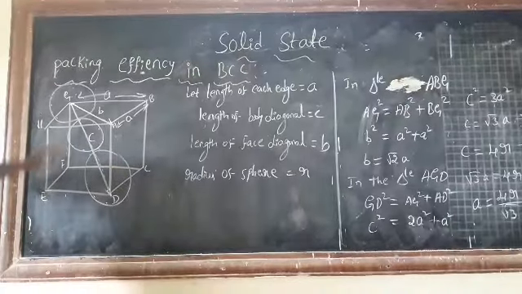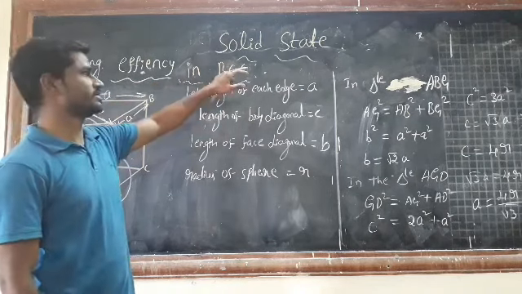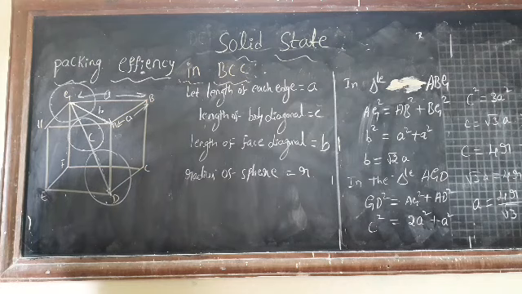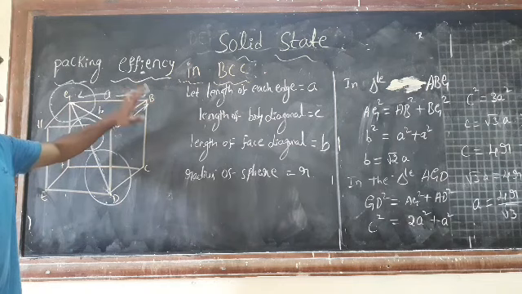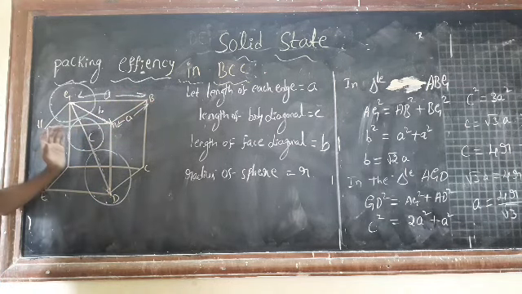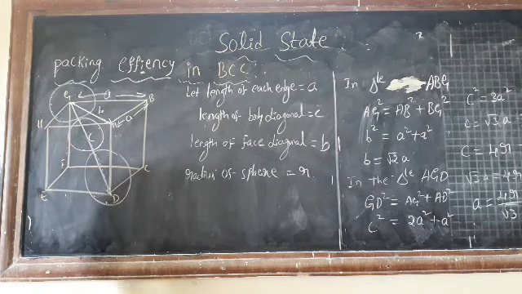To calculate the packing efficiency in BCC, the body centered cubic unit cell, the particles are present at each corner, as well as one particle or sphere present exactly at the body center of the unit cell.